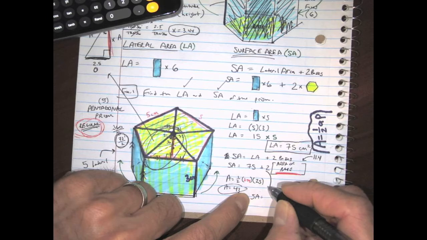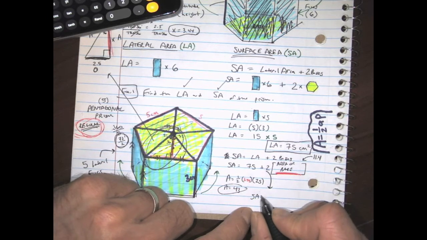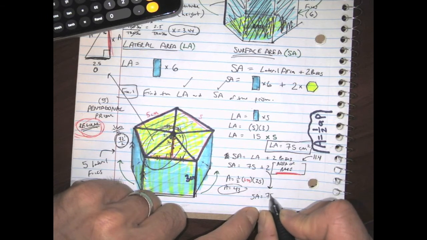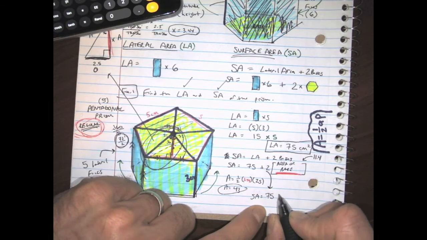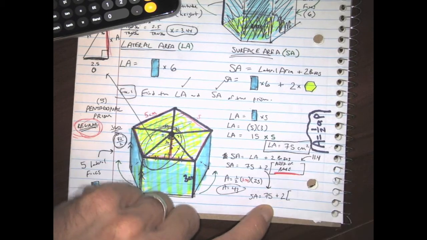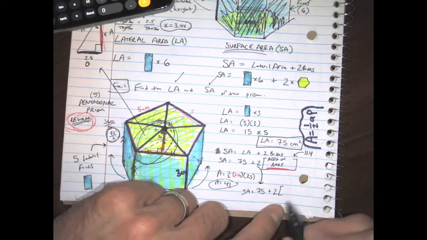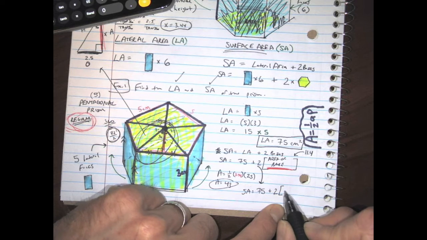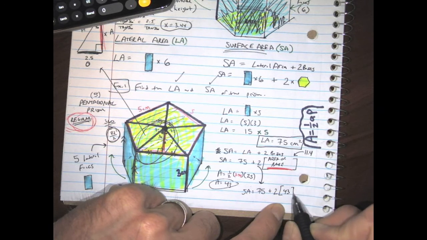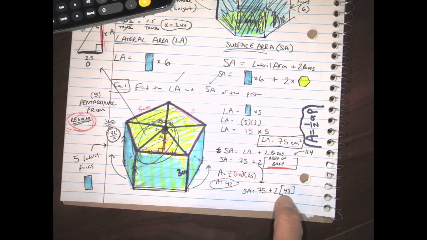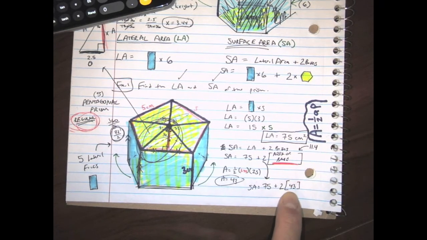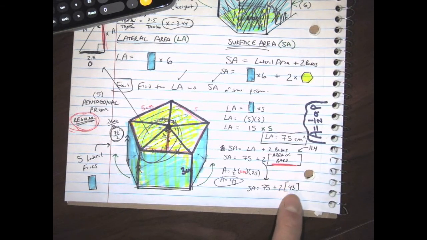Surface area, let's go back here, it's going to be your lateral area, all the blue rectangles, which is 75, plus 2 areas of the base, because I got a top and I got a bottom. So 43 is the area of one of the pentagons. I need to multiply by 2 because I got top and bottom.